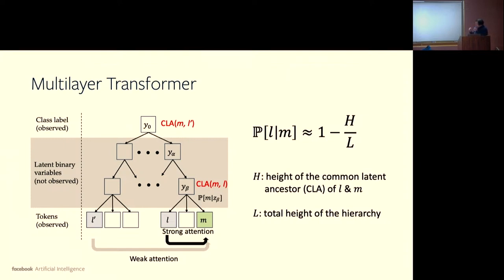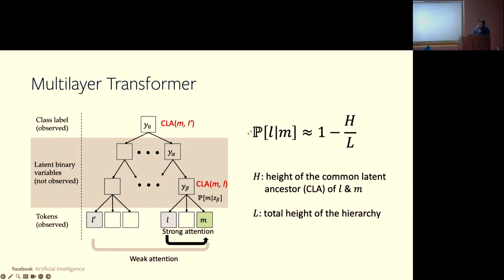So first of all, you can actually prove a theorem. The theorem basically tells you if you have two tokens that are very close in hierarchy, then the probability that they co-occur will be very high, almost equal to 1. But if you have two tokens, L prime and M, that are very far apart in the hierarchy, then their co-occurrence will be low, very close to 0.